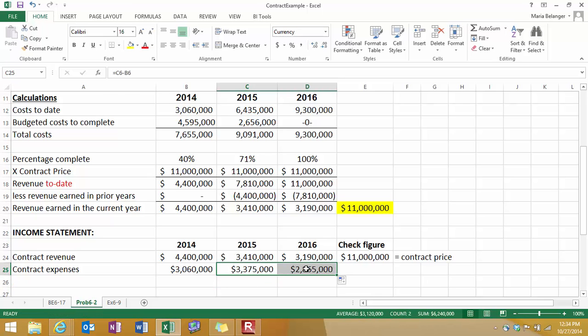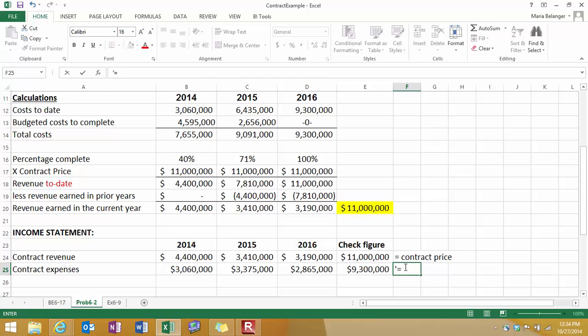And we do the same thing for 2016. It's the 2016 figure minus the 2015 cumulative figure. And again, I'll just check my numbers. This should add up to my $9.3 million total contract costs equals to total contract costs over the 3-year period.